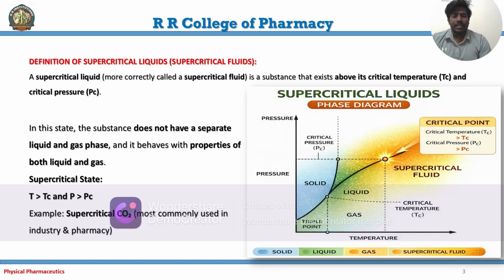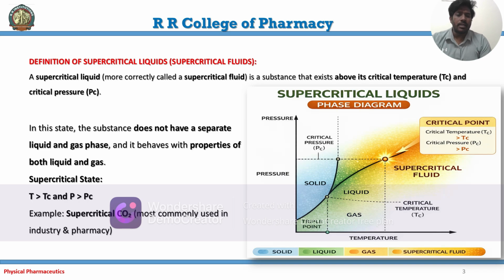The supercritical state will exist only when the temperature is above the critical temperature and the pressure is above the critical pressure. An example of this is supercritical carbon dioxide. It is commonly used in pharmaceutical industries and several other pharmacies.